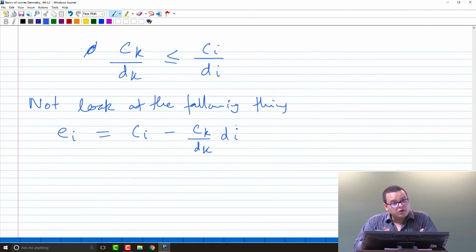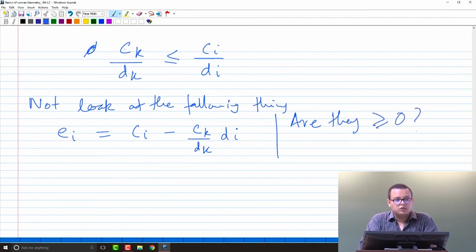Are they greater than or equal to 0? Why are they greater than or equal to 0? If di is negative or zero, yes. If di is positive, then I will use this fact, I will be done.